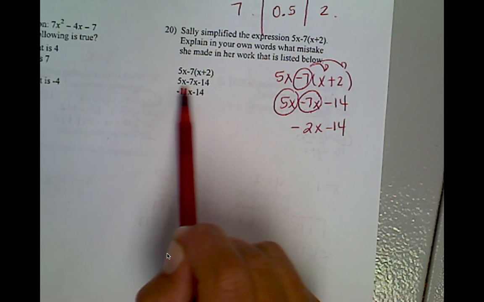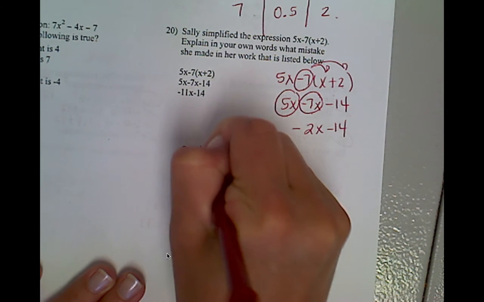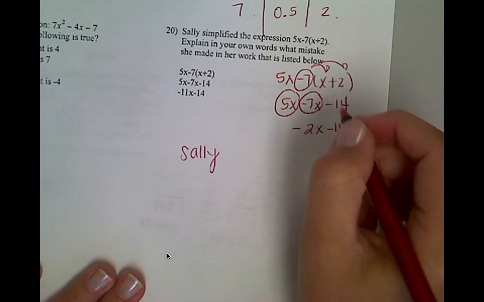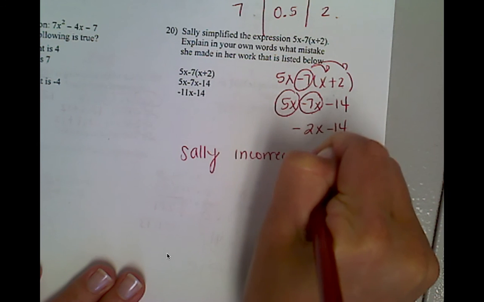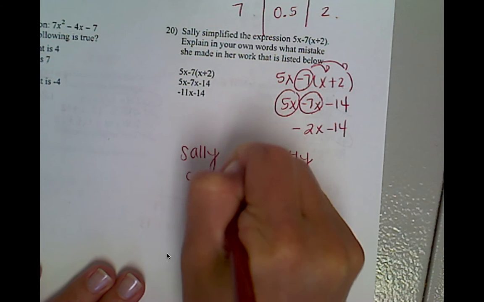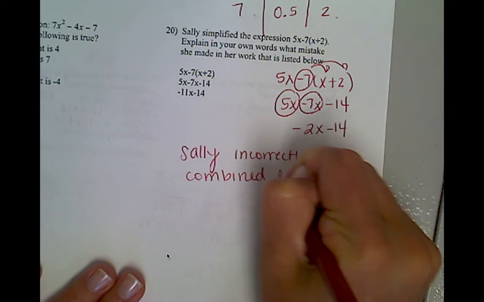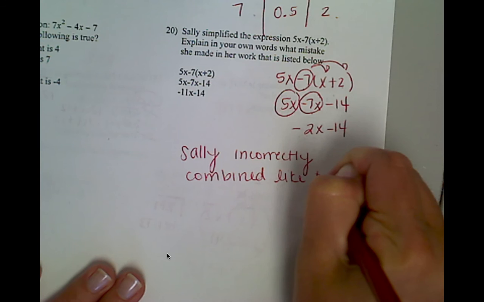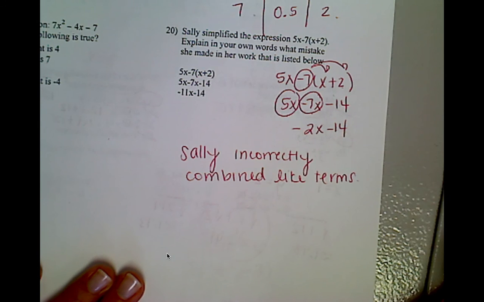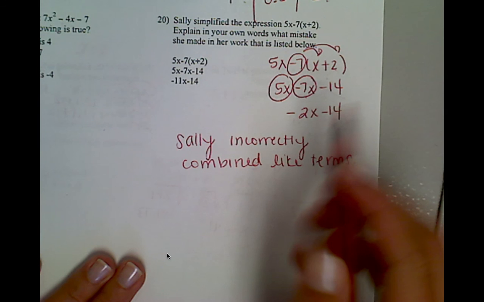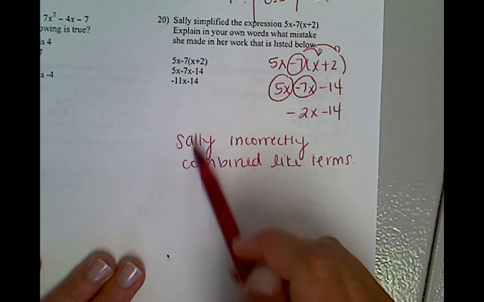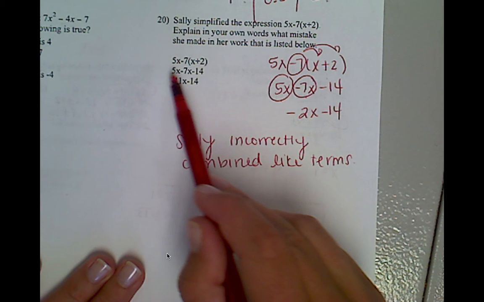So what happened is Sally incorrectly combined like terms. Therefore, maybe more specifically, it seems like since she got a negative 7x or negative 11x, she thought that was a negative 5x.